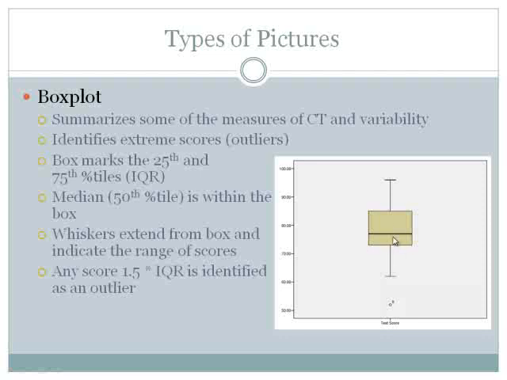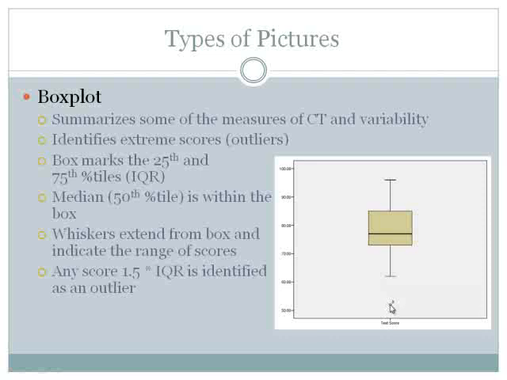The whiskers, let's jump back to that. The whiskers represent the range of scores above the 75th percentile and the range of scores below the 25th percentile, and the whiskers do not include any scores that are considered outliers.